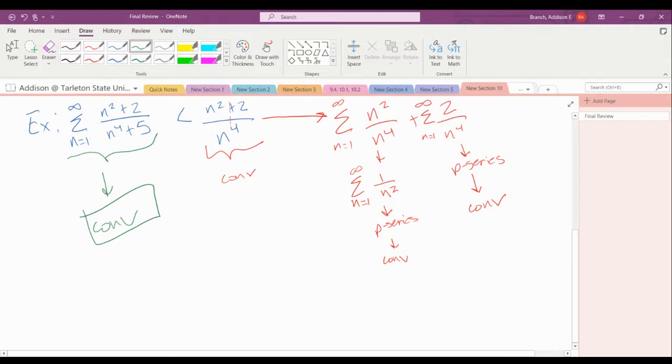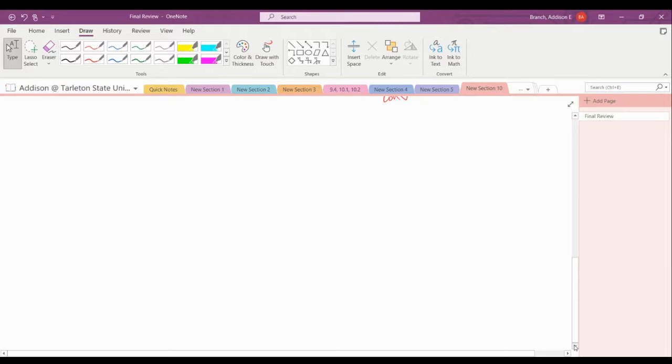All right, so now let's go ahead and talk about our other test for this section, which is going to be our limit comparison test. So whenever we have a limit comparison test, our main stipulation, again, is that we have to make sure that both a and b are positive.